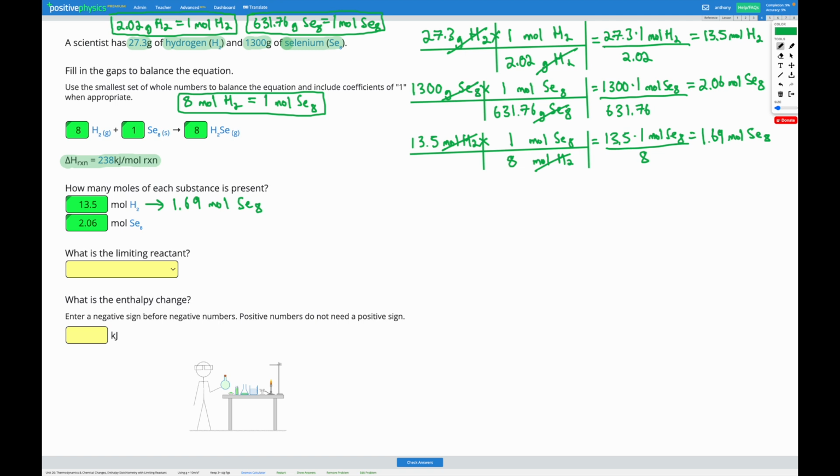However, we can see here that we have 2.06 moles of Se8. We have more moles of Se8 than we need. So that means that Se8 is in excess and that H2 is going to be our limiting reactant, hydrogen.